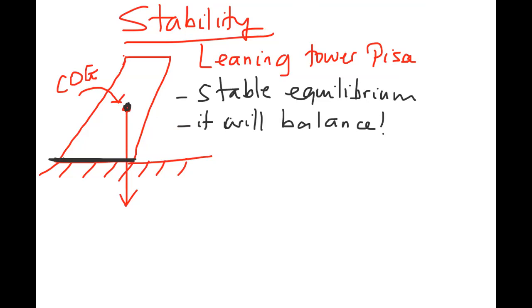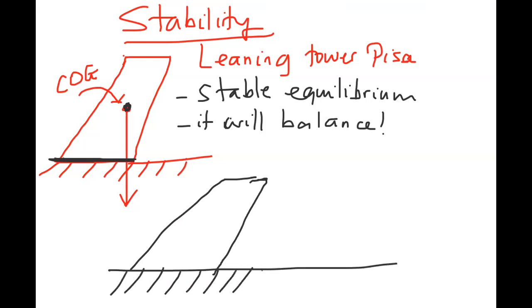Now, if for some reason, the way you construct the building, let's have a building here, and you want to design a fancy building, and you find yourself having this upper side more massive than the bottom, and the center of gravity happens to be up, and you try to draw your line so it passes outside.